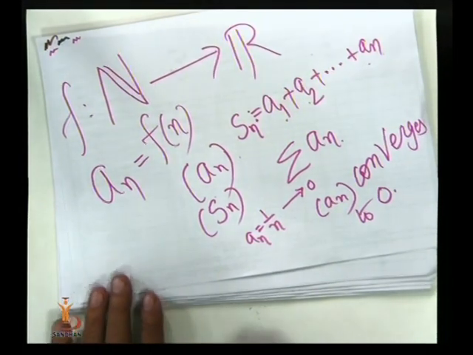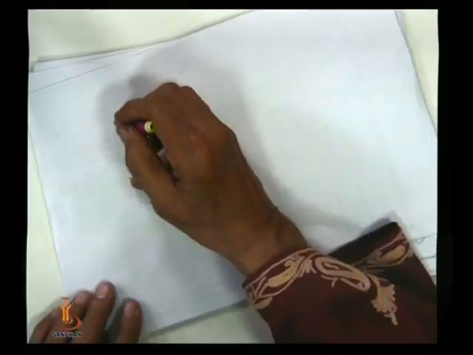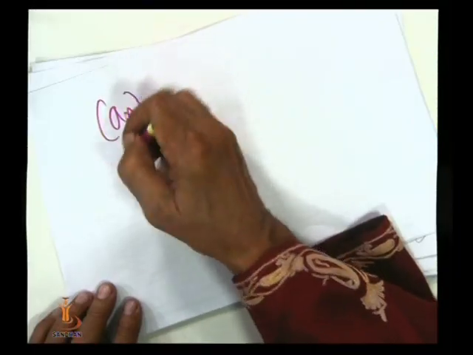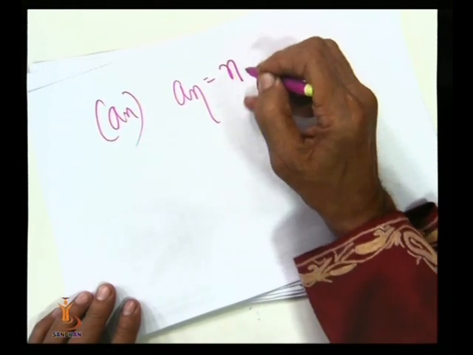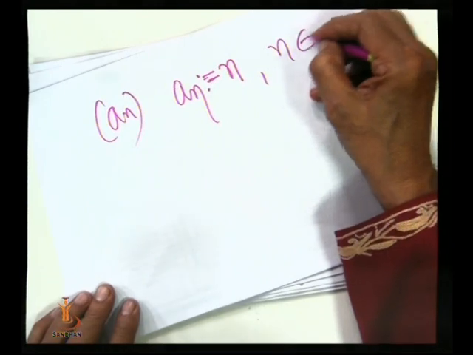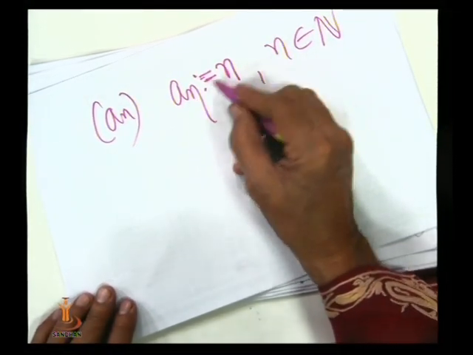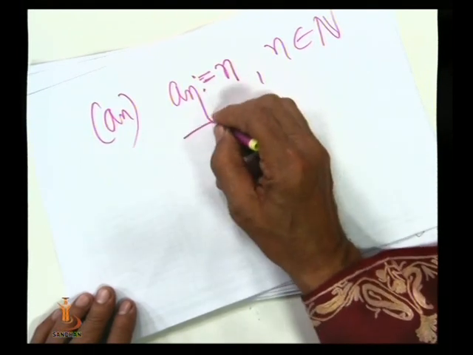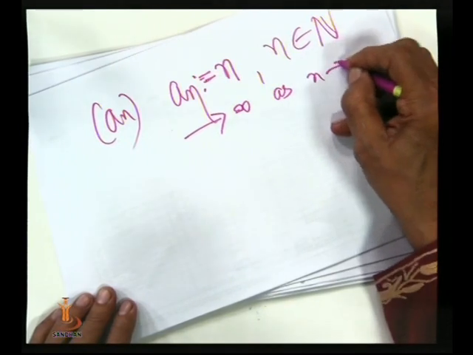But if I take the sequence a_n equal to n, where n belongs to N, then as n increases, a_n also increases, and this tends to infinity as n tends to infinity.